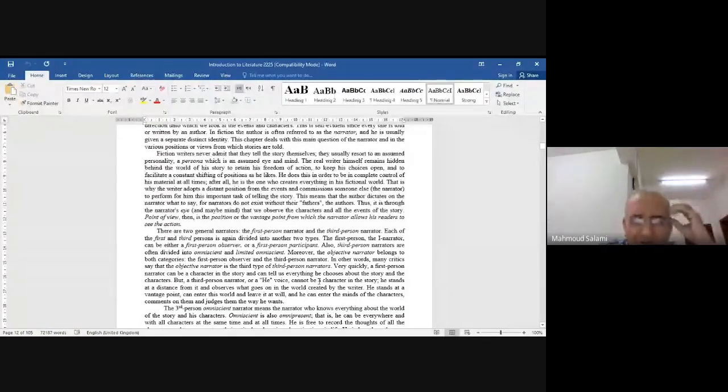So very quickly here I say the first person narrator can be a character in the story and can tell us everything he chooses about the story and the characters. I think we've seen this all the time when we read a story. When the narrator is saying he, she, they, this means a third person narrator, talking in the mode of absence.